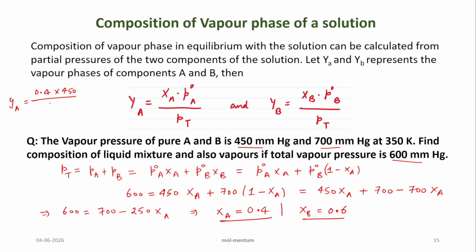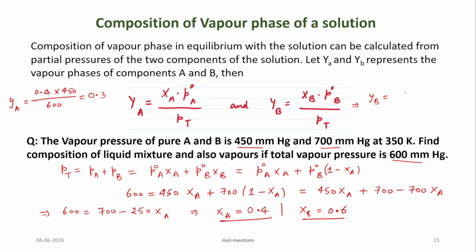When you solve this, 0.4 times 450 is 180, divided by 600, it will come out to be 0.3. So YA is 0.3.